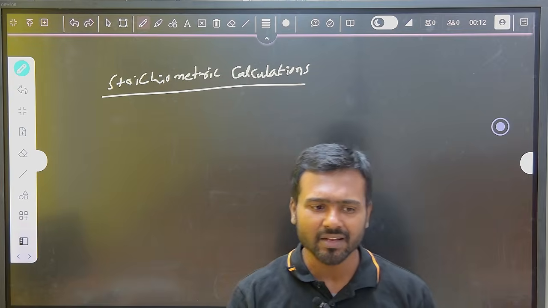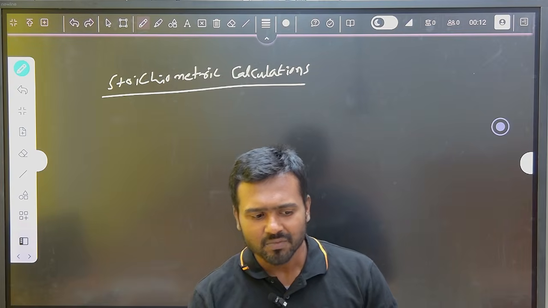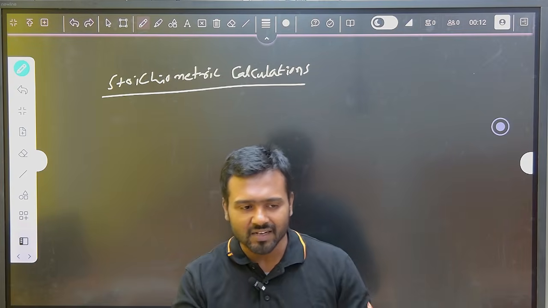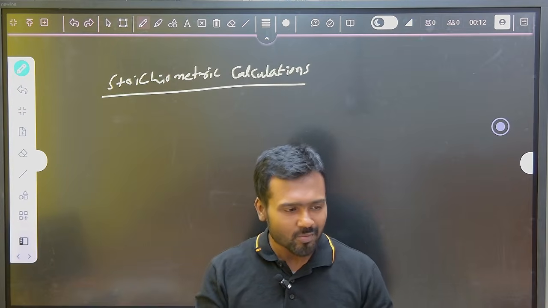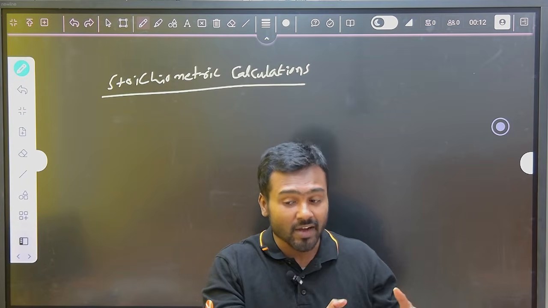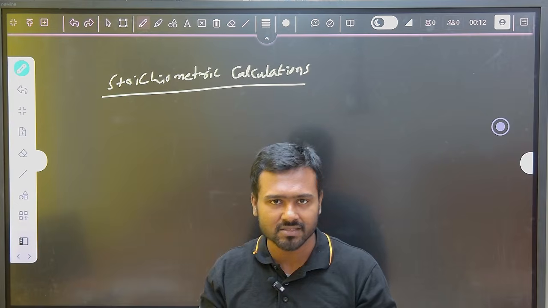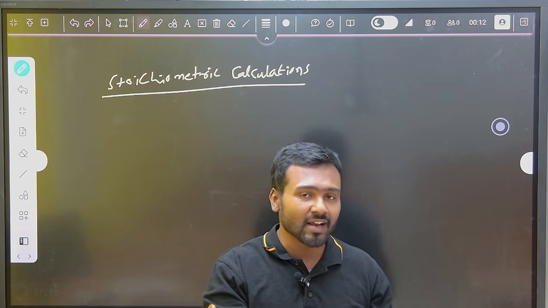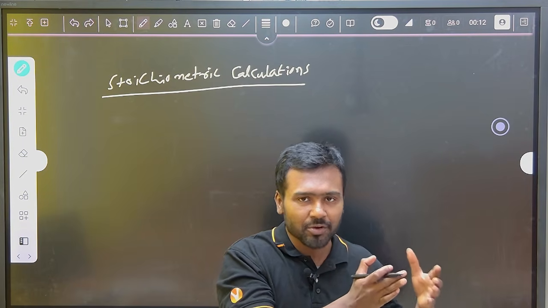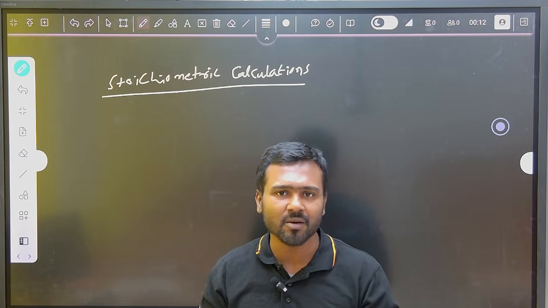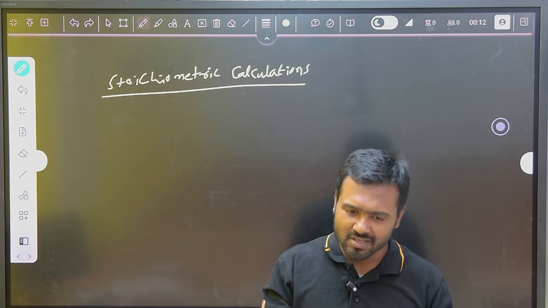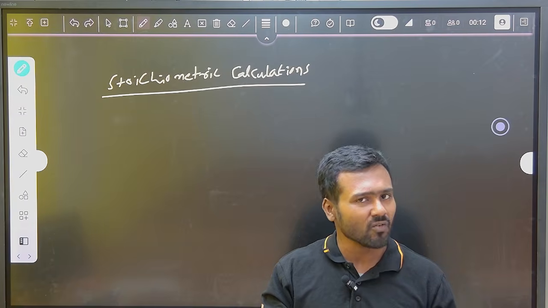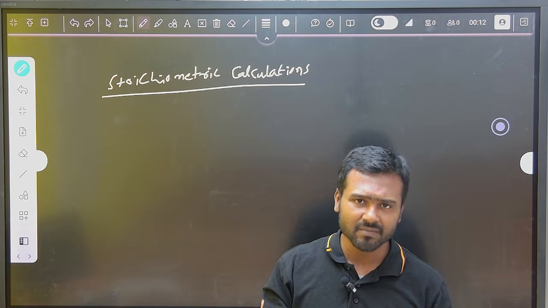In stoichiometric calculations, you see how much weight of reactant you took and how much weight of the product is formed, or how much weight of reactant you took and how much volume of gas is released, or how many moles of the product is formed. Just now we said everything is interrelated: number of moles, number of particles, and the volume.